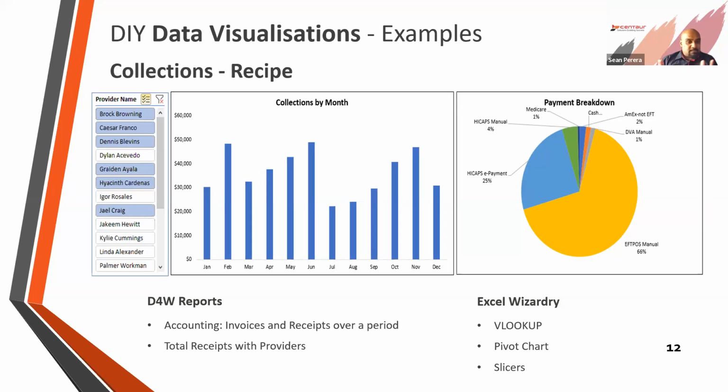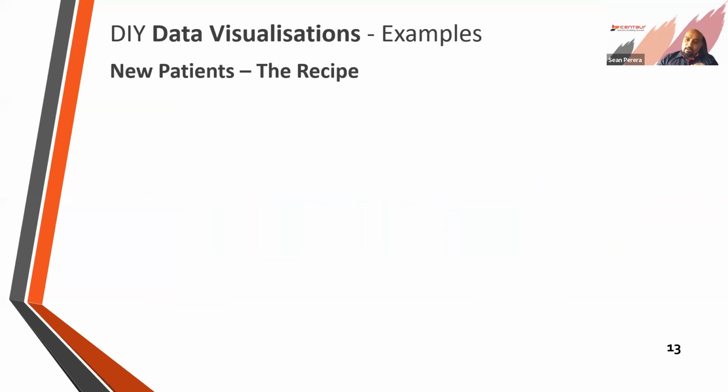So that's our collections. As I said again, this is not exhaustive. This is an example. You can even look at collection by day of the week, or collection by each day of the month.